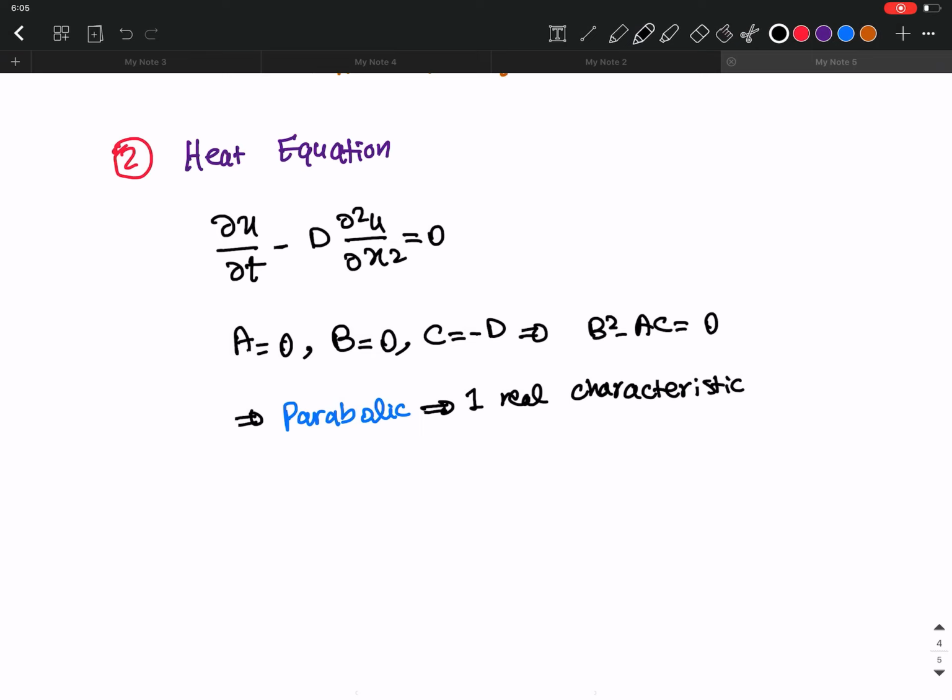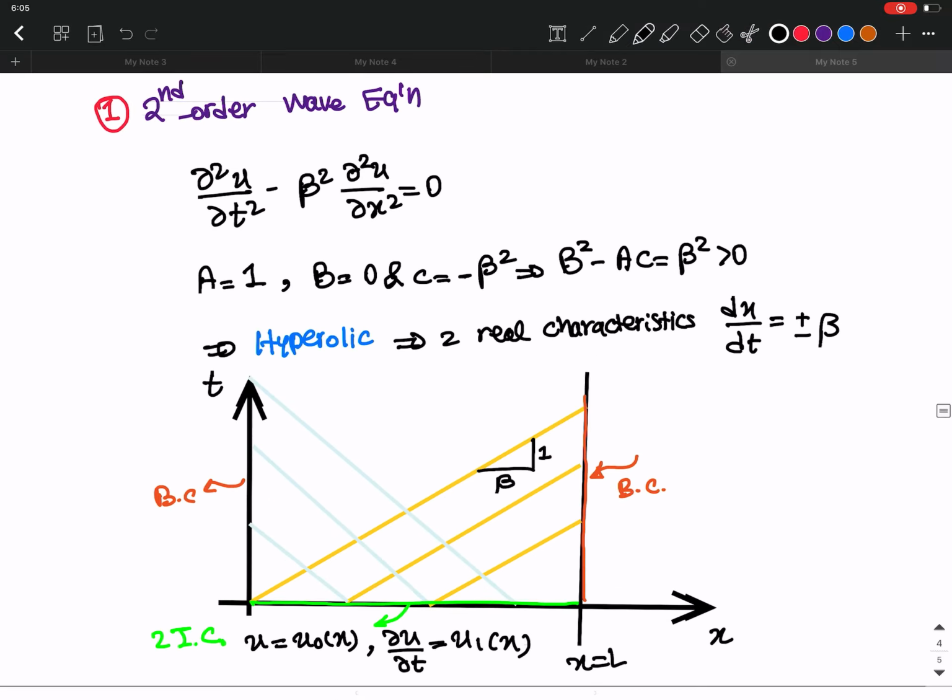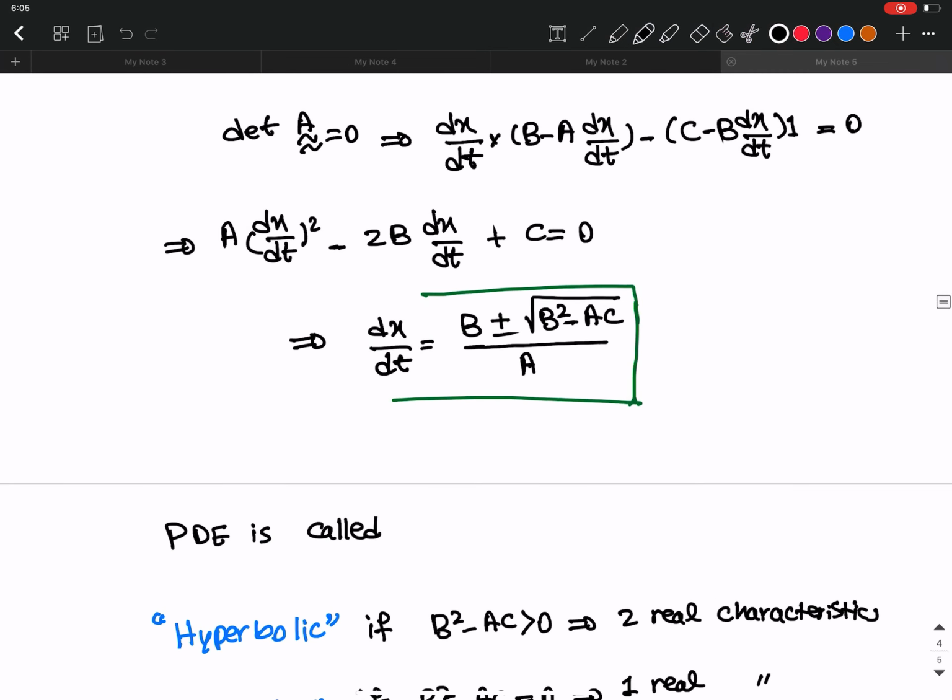and the characteristic is going to be, if we do a trick, dt over dx instead of dx over dt, equals a over minus b plus minus square root of b squared minus ac, right? Here you have it, right? So if you just write it reversed, you are going to get that equation.